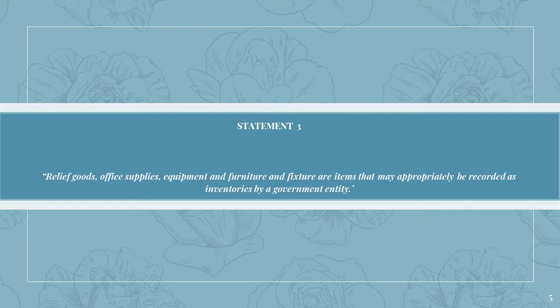This statement is true because relief goods can be distributed, office supplies are consumed by the entity, and equipment and furniture and fixtures, if they are below the 15,000 capitalization, can be considered as semi-expendable property. Therefore, this statement is true because they may appropriately be recorded as inventories by the government entity.